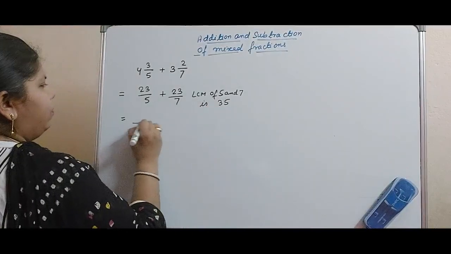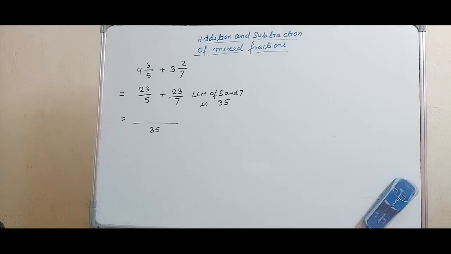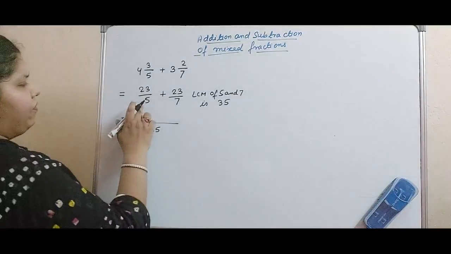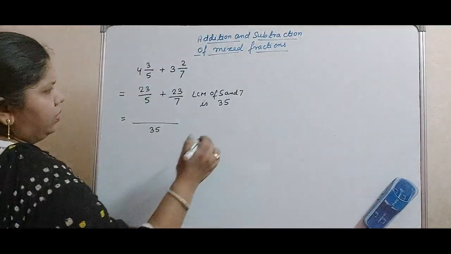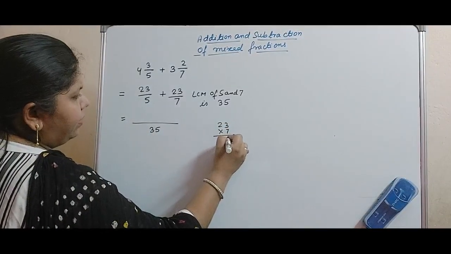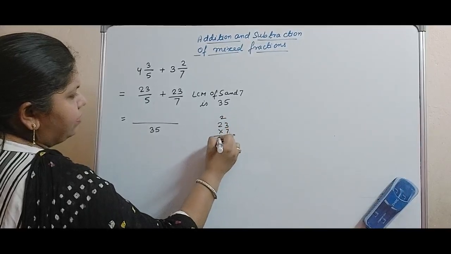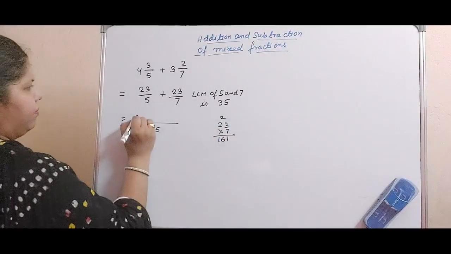Okay. So we take the common denominator, that is 35. 35 divided by 5 is 7, 7 into 23. So in the rough part you can do 23 into 7. What do you get? 7 3s are 21, 7 2s are 14 plus 2, 16. So 161.